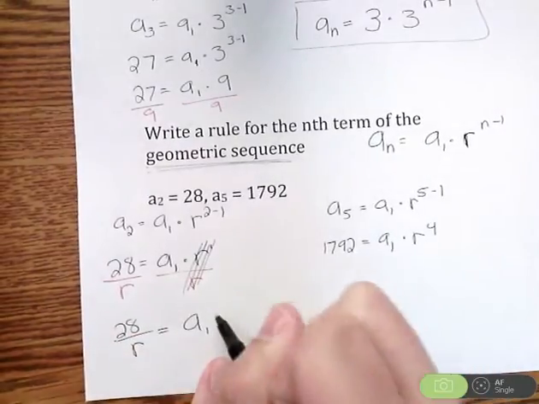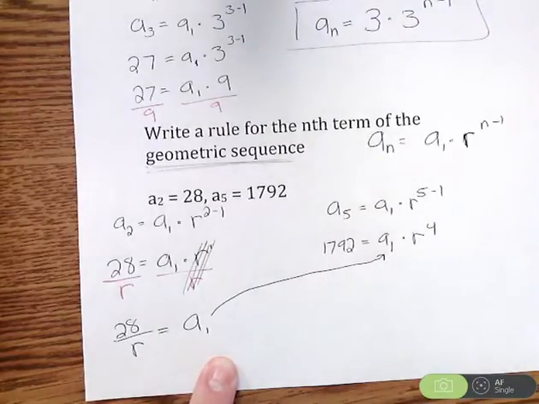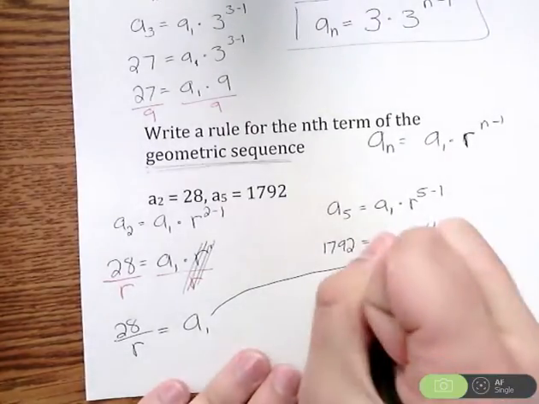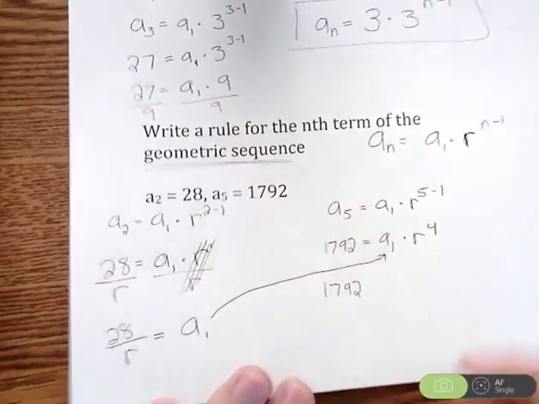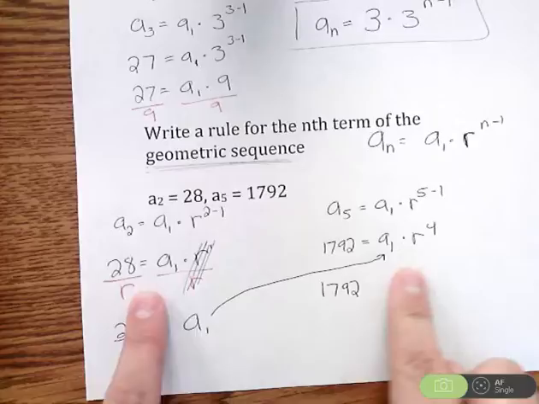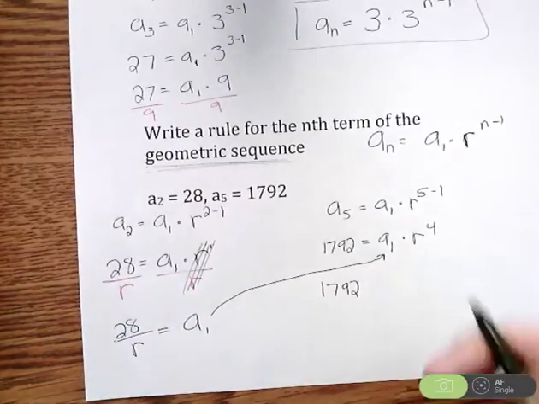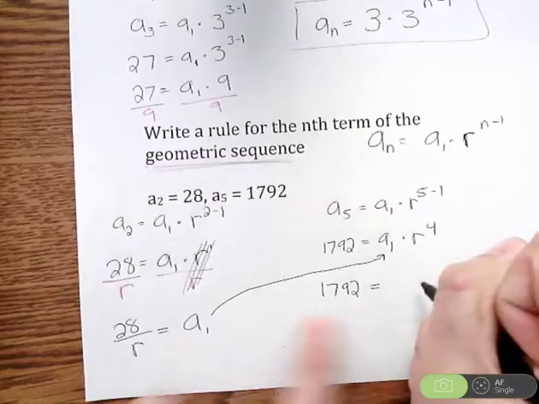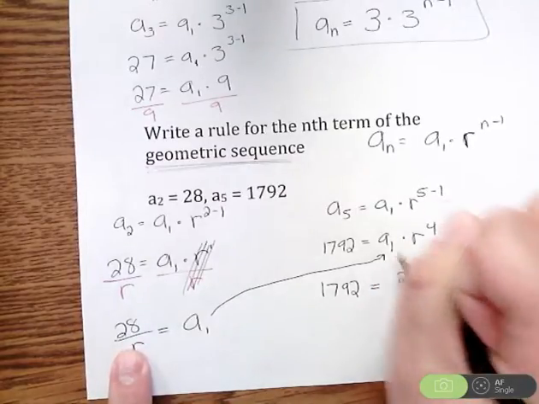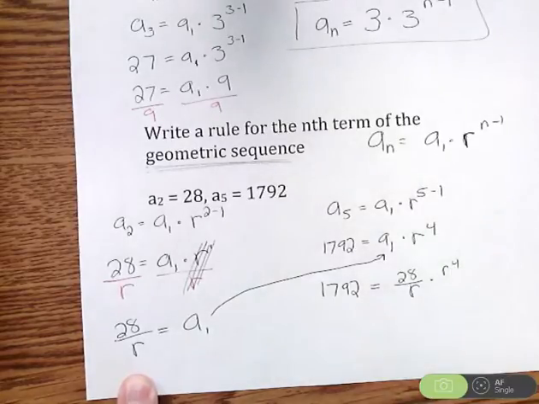So let's take this and plug it in right there. So let's see what happens here. We have 1792. We have a system here of two equations. We're solving by substitution. It might not look like that since there's not x's and y's there, but we are solving by substitution. We have 1792 equals, instead of A1, 28 over R times R to the fourth.